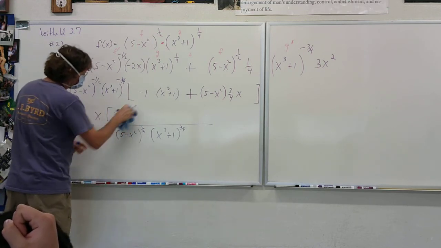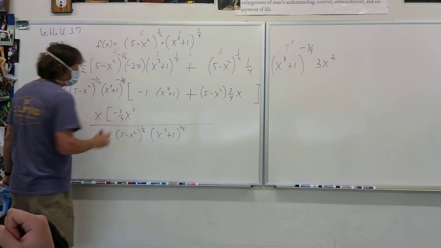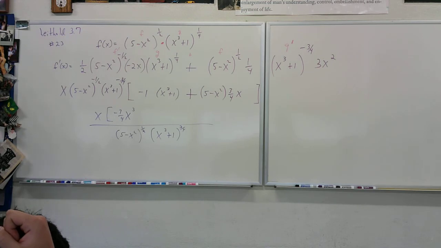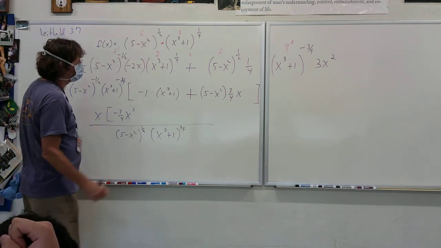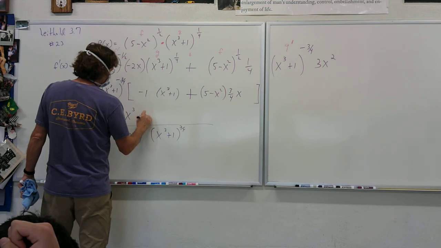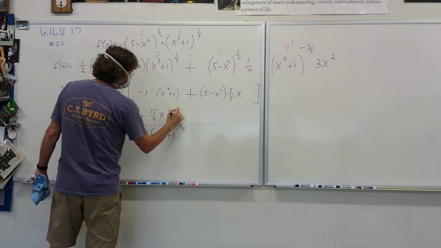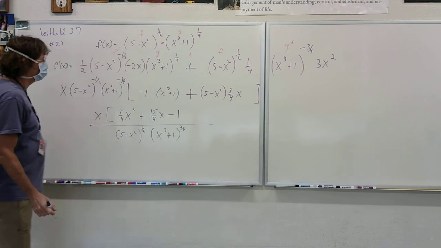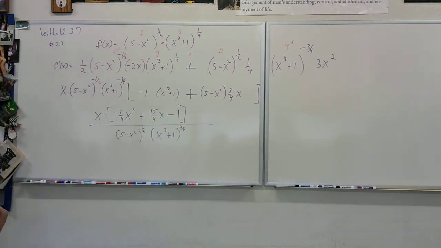Make sure that x does not look like it's in the denominator. Please don't write where the x looks like it's in the denominator, because you don't want to take the chance on missing it there. And then we'll have plus 15/4 x, and then minus 4. Get all that distributive property stuff and collecting like terms, and there we go.